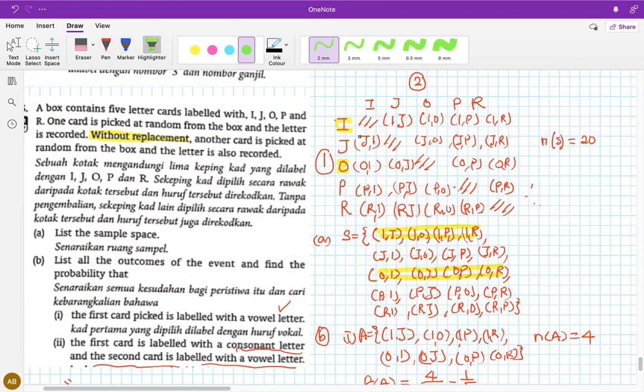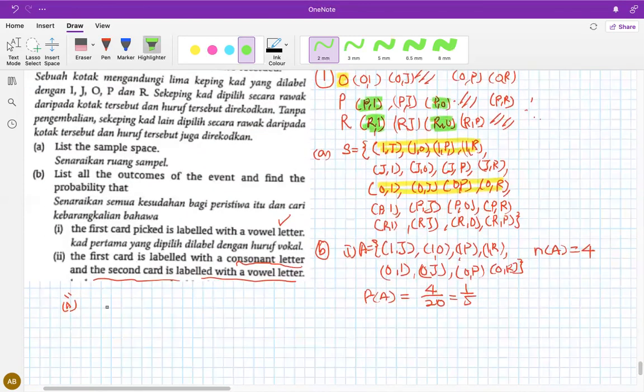Consonant J and vowel: JI, JO. Okay. PI, PO. RI, RO. Okay. First card is a consonant and second card is a vowel. So JI, JO, PI, PO, RI, RO. So we have 6 outcomes.